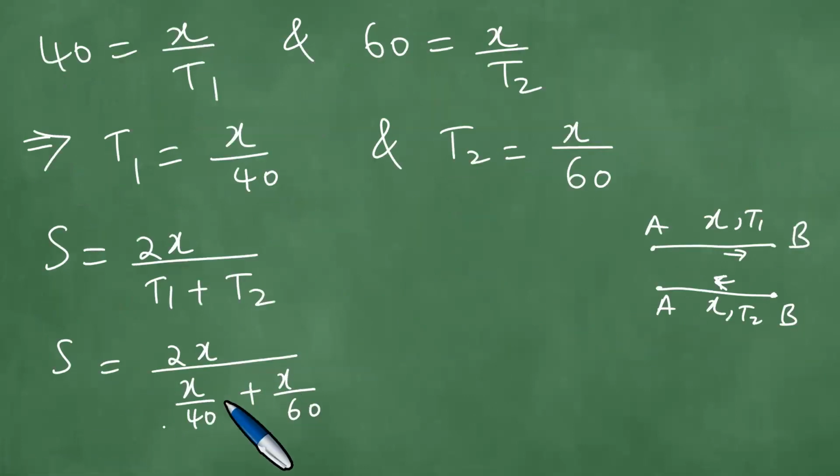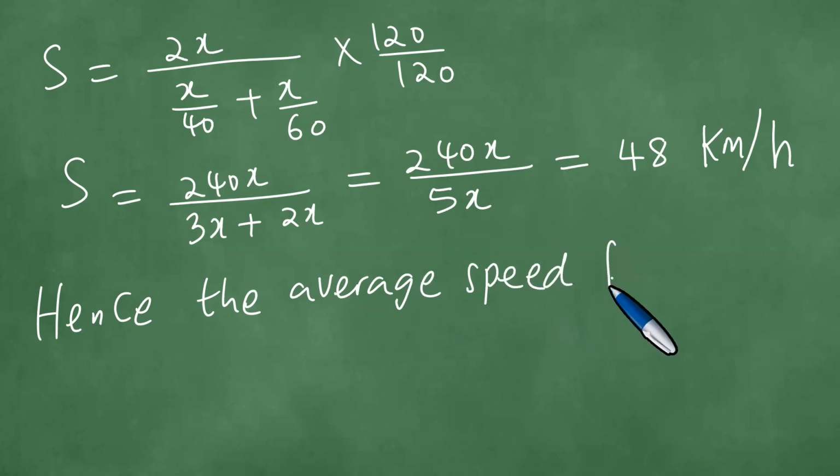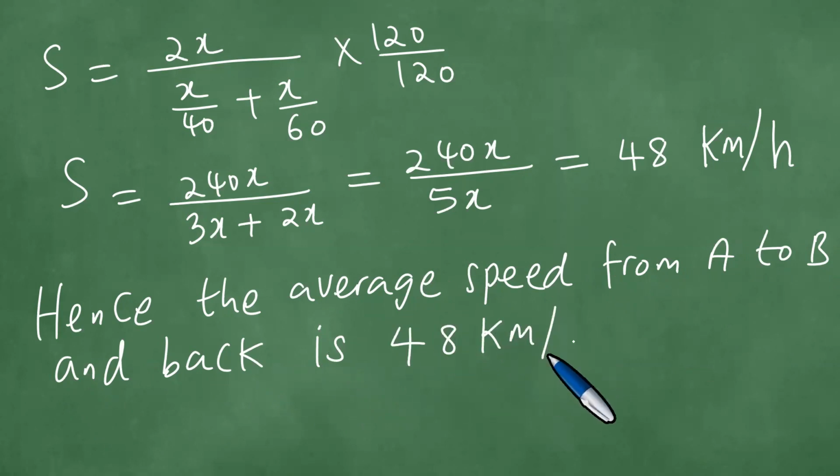So hence, the average speed from A to B and back is 48 kilometers per hour. And that is exactly the answer to the question.